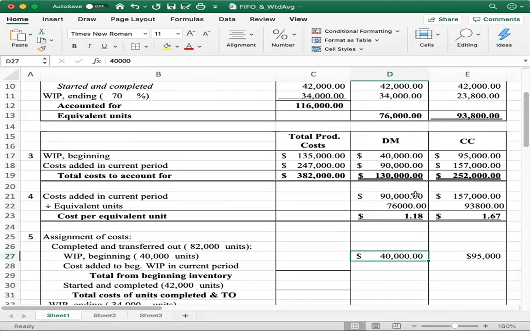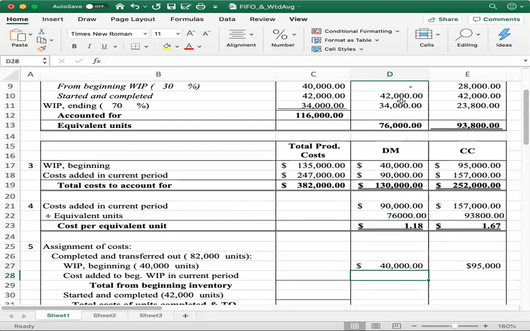So then the cost added during the current period would be your column and row D9, cell D9. So you have cell D9 times your cost per equivalent unit for direct material, which is D23. And that will give you how much cost in the direct material you added, which turns out to be 0, which is true because you didn't add any material in the beginning inventory.